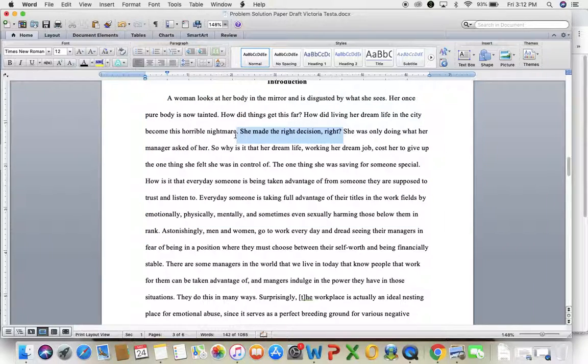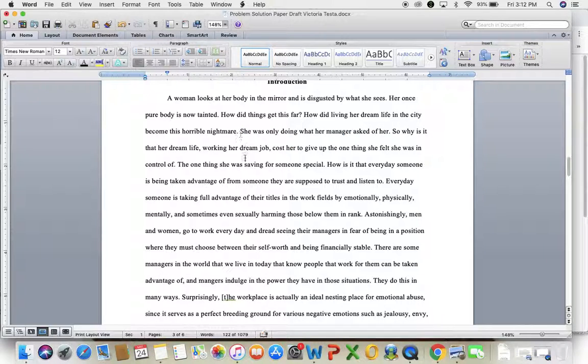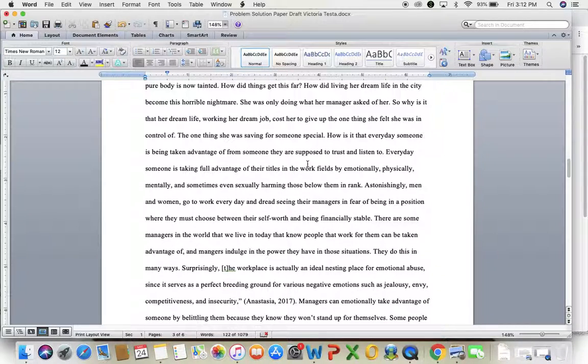So like, this probably can go. And another thing is, now that I joined the paragraphs, it's harder for me to find, but I think these two sentences here are very similar in what they talk about. In this one, you say, how is it that every day someone is being taken advantage of by someone they are supposed to trust and listen to?